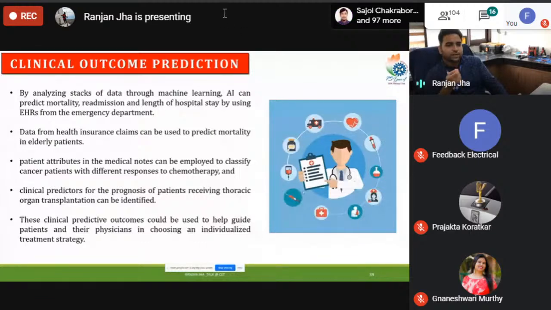Now you can imagine this COVID situation. Imagine a hospital where each patient has a band of some kind, and there is continuous transmission of their oxygen, SpO2, and pulse rate to a system. That system is able to see if there is a change, because in COVID there is a certain decrease in the SpO2 level.